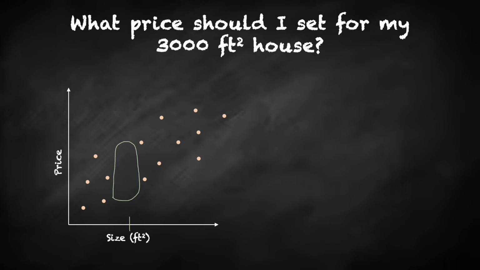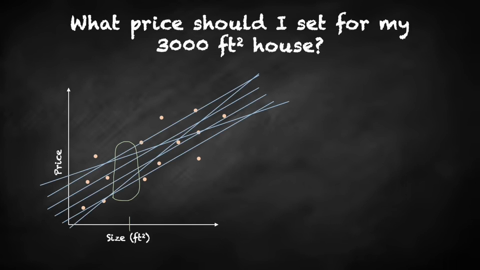I could draw a line through these points and it would provide a pretty good estimate of the pattern or trend here. Then I could use that line to give me an idea of how much houses of each size sell for on average. Once I have this line, I can use it to find a good selling price for my house. But there are actually a lot of lines that I could draw through this set of points.